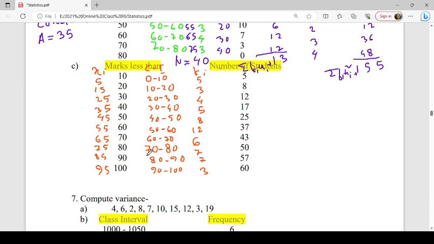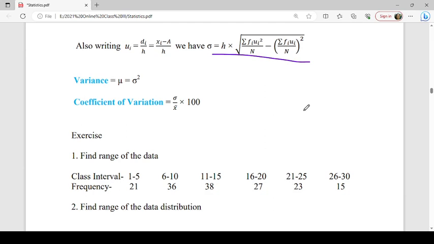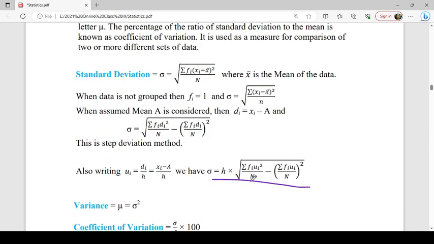And we need this formula. So these are fi xi. The previous one we used this one. This time we can use this one also, or this one also. Actually this simplifies the calculation. That is why it is better to use this formula when values are large.